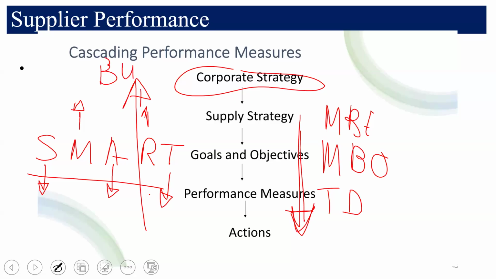Bottom-up means if you practice this top-down approach, definitely you will get suggestions, creativity, innovations from the bottom people, right? So then you don't need to keep suggestion boxes in your organizations. You will get a lot of suggestions, right? This is how Toyota manages the organization. Toyota gets a lot of suggestions.